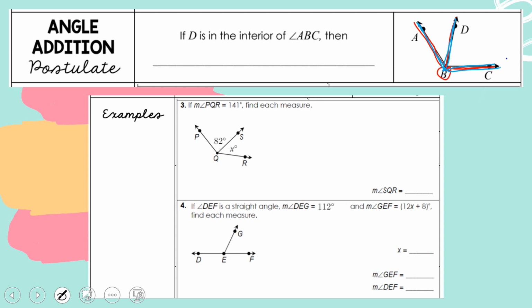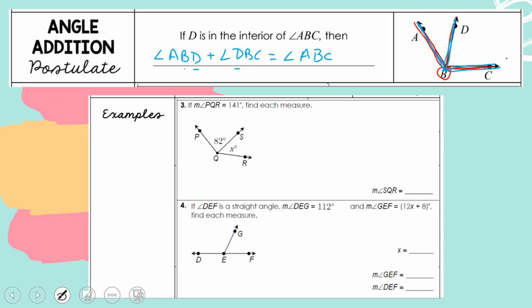That means that angle ABD plus angle DBC is going to equal angle ABC.